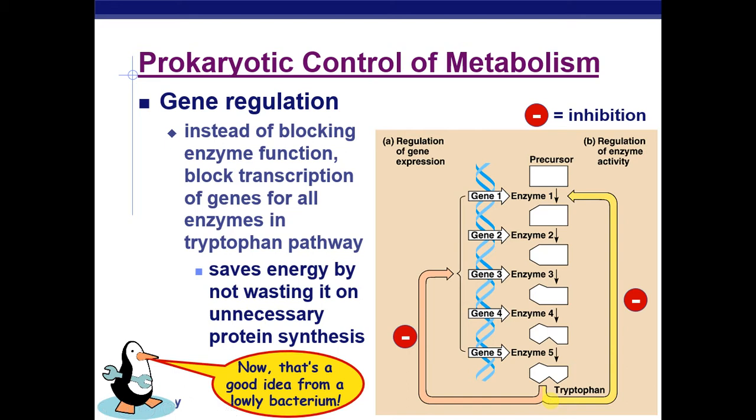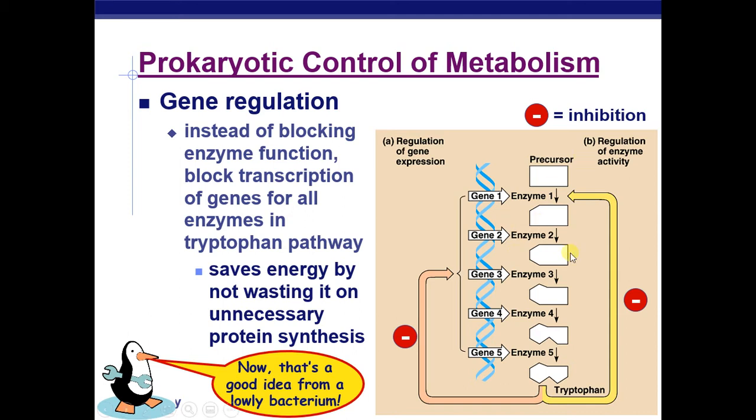And in prokaryotes, instead of blocking the enzyme function one at a time, there's a block in the transcription of genes for all the enzymes in the tryptophan pathway. This is important because it saves energy by not wasting energy and resources on making unnecessary protein synthesis that isn't needed.